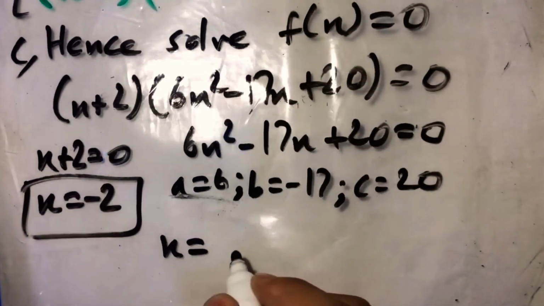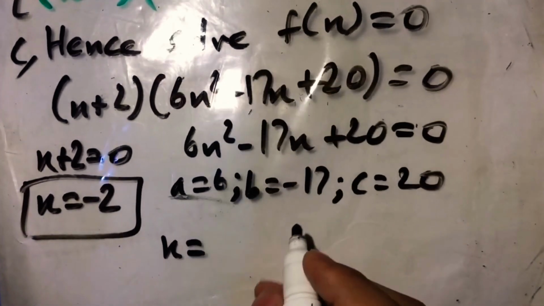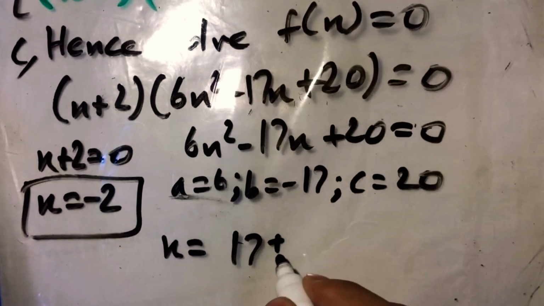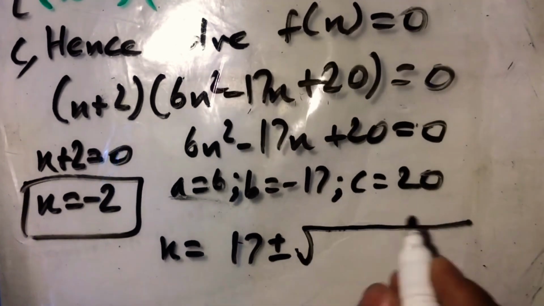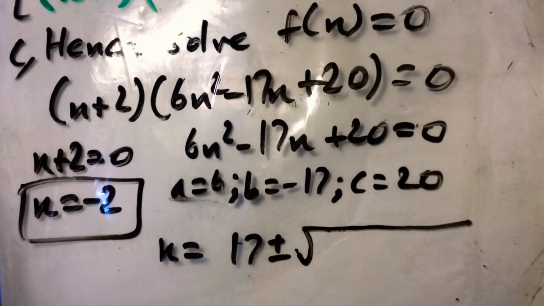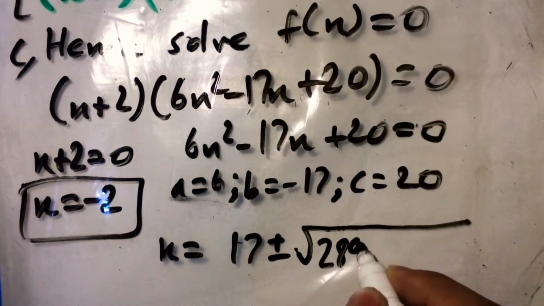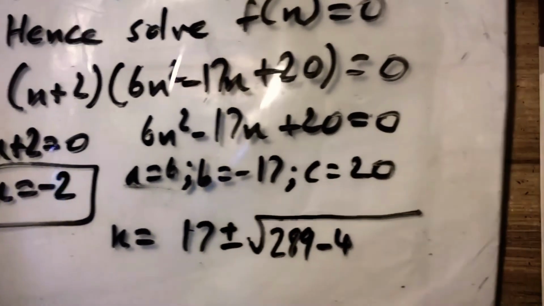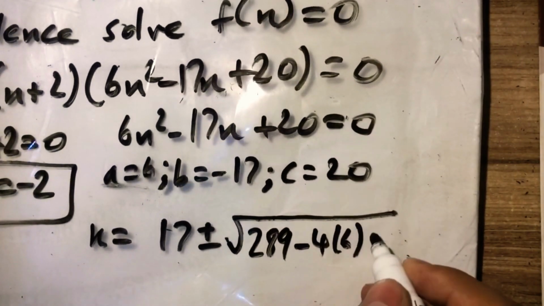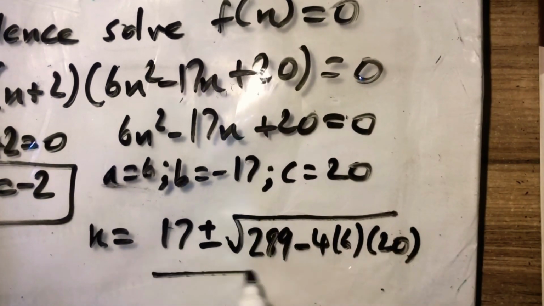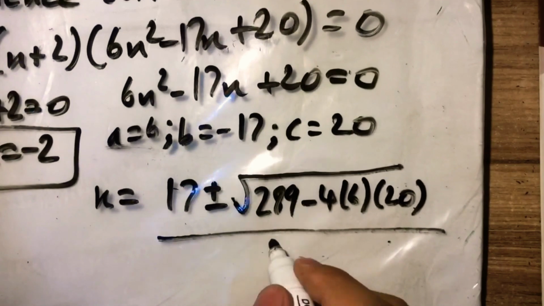Quadratic formula is minus b, so minus 17 is 17, plus minus under root b square, 17 square is 289 minus 4ac, so 6 and 20, upon 2 times a, that is 12.